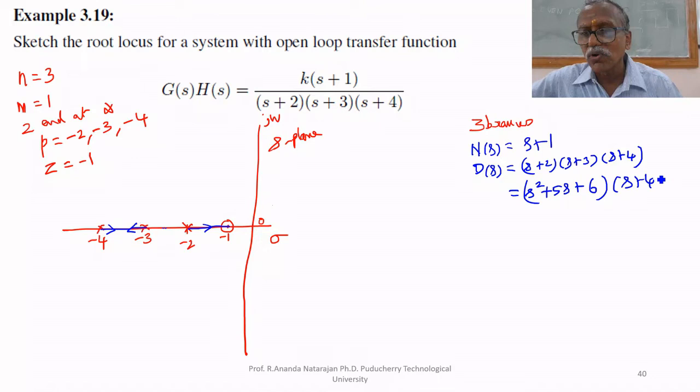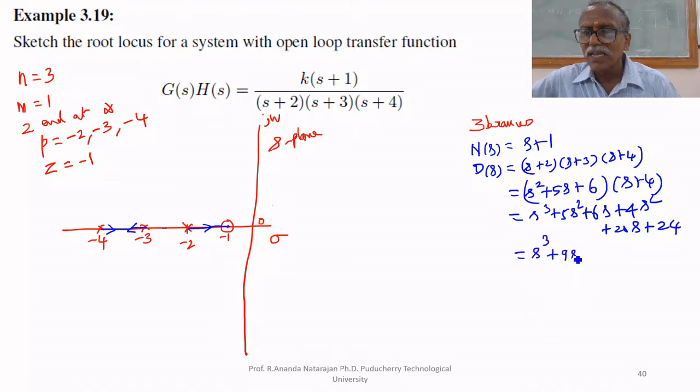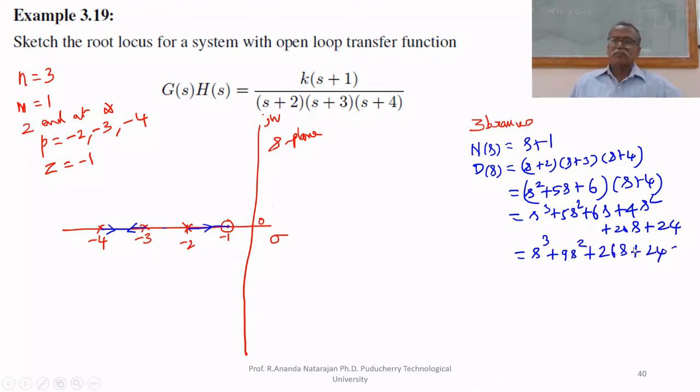That is s cube plus 5s square plus 6s plus 4s square plus 20s plus 24, which equals s cube plus 9s square plus 26s plus 24. That is the denominator.